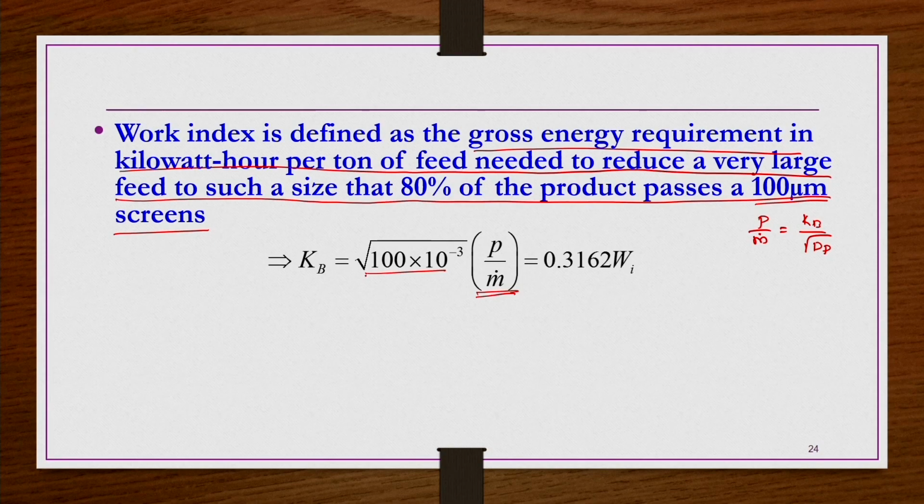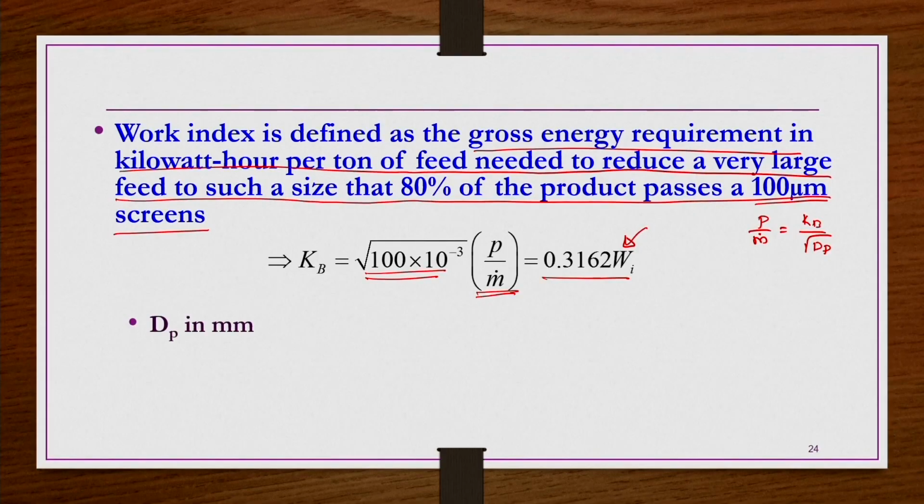The square root of 100 multiplied by 10 power minus 3 is 0.3162. So, 0.3162 and then P by m dot is nothing but Wi, this work index. So, in this equation, whatever dp we take should be in mm, power should be in kilowatts, and m dot, the mass rate, should be in tons per hour. So, that is the work index.